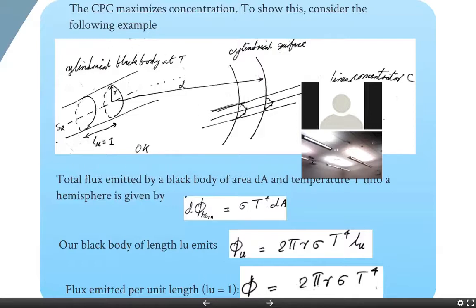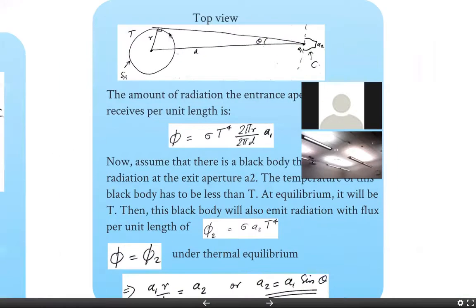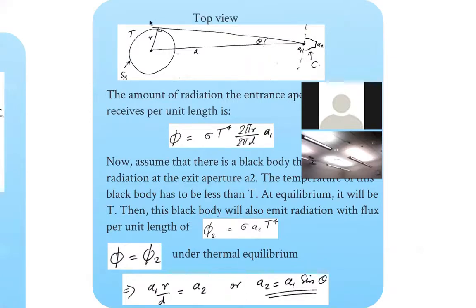Now the next thing we need to calculate is how much flux is actually incident at the entrance aperture of the CPC. In order to calculate that, we will take a two-dimensional cut of this three-dimensional picture, which is shown here. This is much simpler to see, right? So this is our big cylindrical source, radius r.